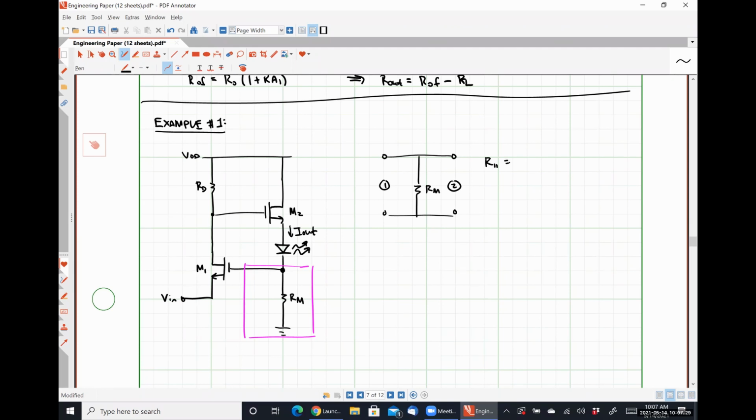R11, so to be clear, this is we look into port 1 with port 2 open circuited. What do we see? R sub M, right? Nothing wild or crazy there. For R22, we look into port 2 with port 1 open circuited. So we also see R sub M.